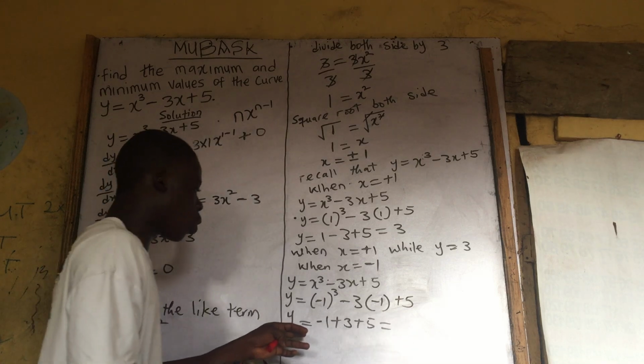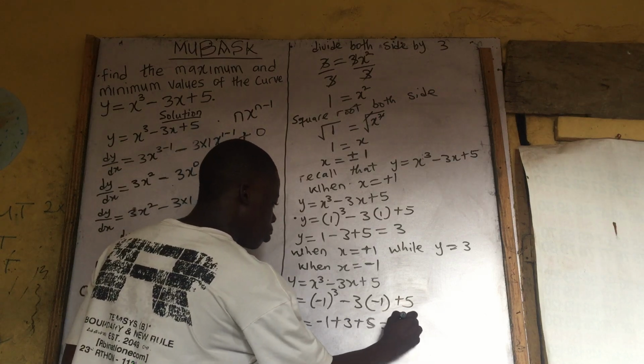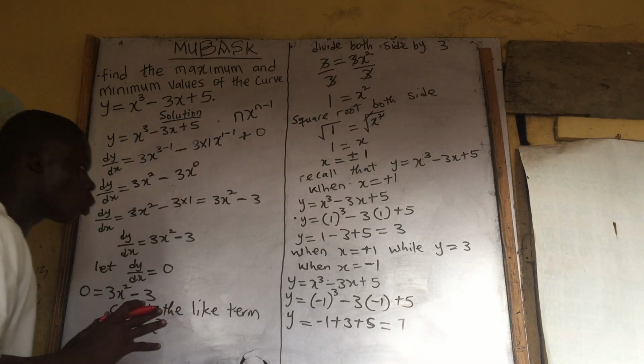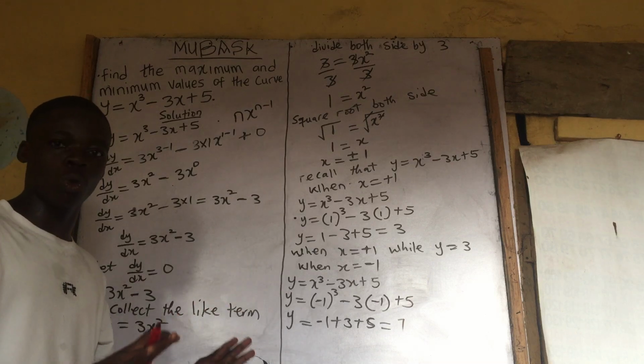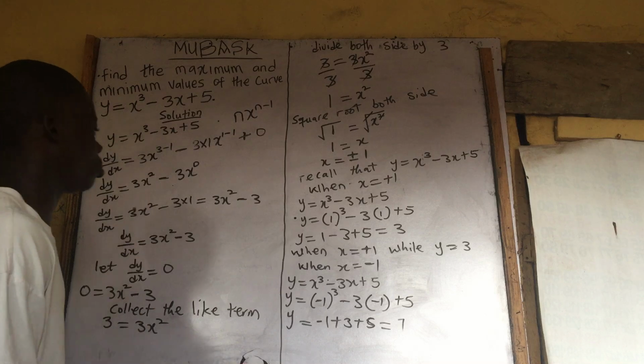So y equals minus 1 plus 3 plus 5, which gives us 7. So we can now find the maximum and the minimum.